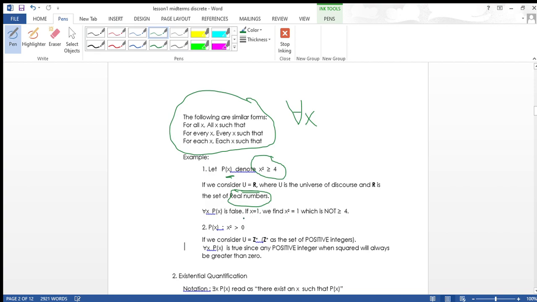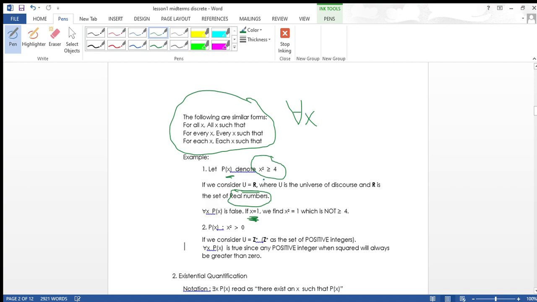And in here, you will find that if you now set x is 1, 1 is a real number. Okay, 1 is a real number. You substitute it here, 1 squared, is it greater or equal to 4? The answer there is no. Since if x is equal to 1, x equals 1 makes this proposition false.